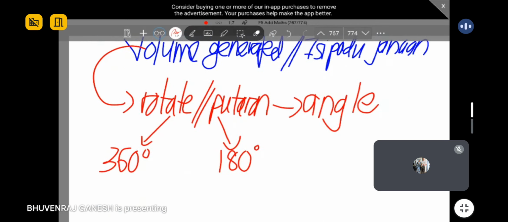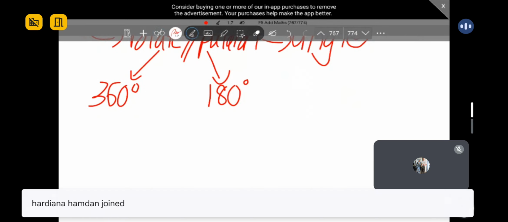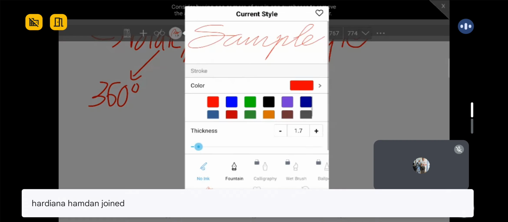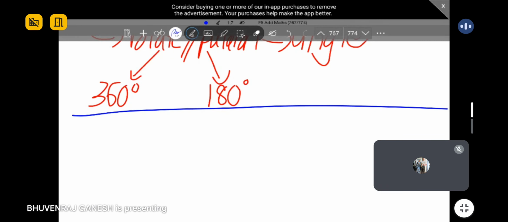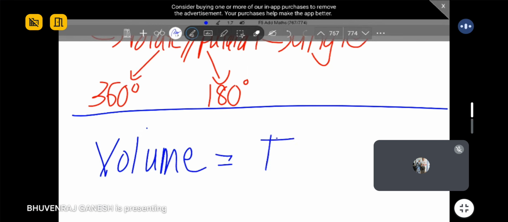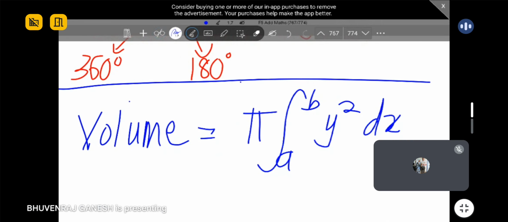Okay? So guys, formula. Formula very important untuk isi padu. Okay guys. So people will tell lah, okay, volume, the formula is something like this. Pi integral from a to b of y square dx. Okay guys. Kamu semua akan hafalkan rumus ni.